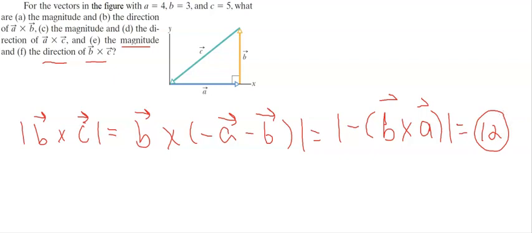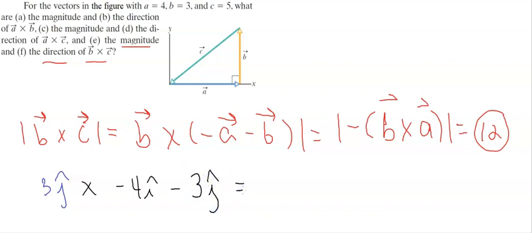Alright, so let's take a look at that in unit vector notation. Vector B, we're going to rewrite as 3j, and we're going to cross that with vector C, which is negative 4i plus negative 3j.